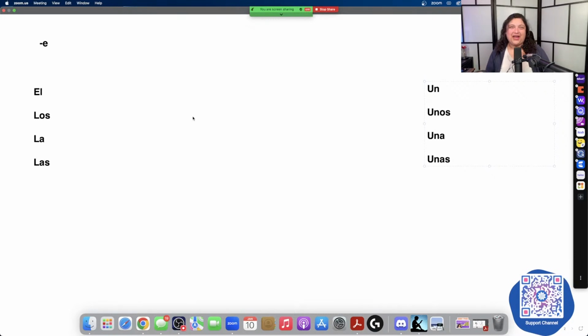So we do have other endings. The best and most efficient way would be looking at your Spanish dictionary and finding these articles. And this is why reading is also so important.